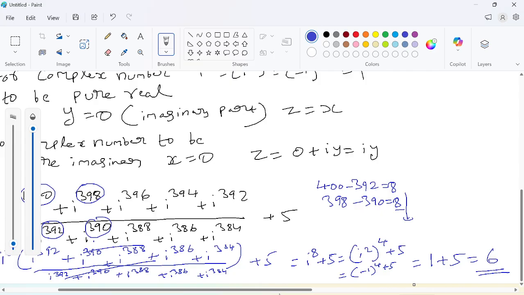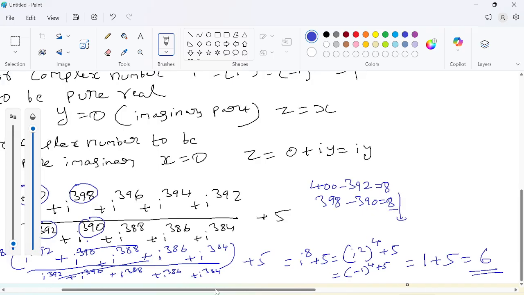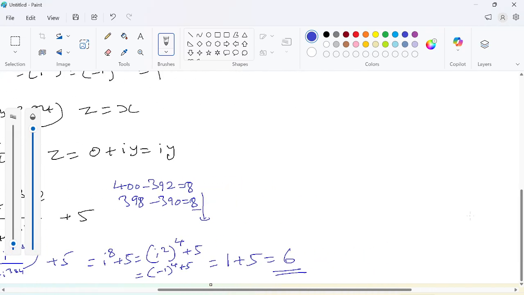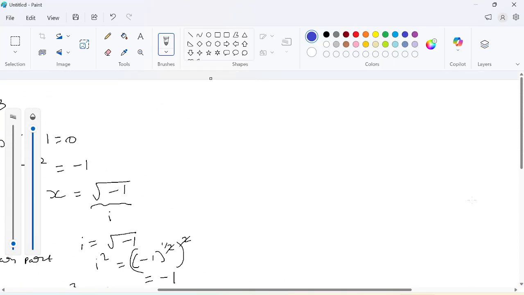Okay. Now we can solve a similar problem. Just note this down. You can pause the video for some time and note it down also. Now take down another problem.